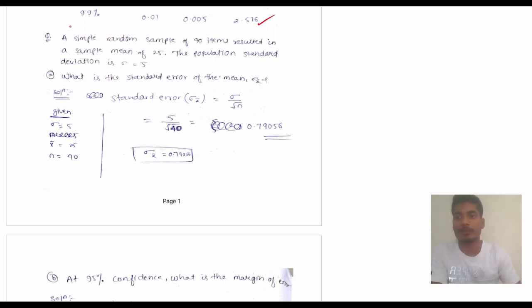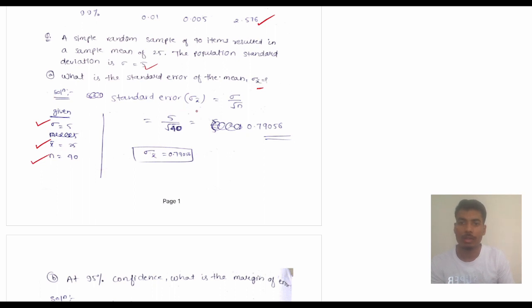Now see the problem. A simple random sample of 40 items results in a sample mean of 25. The population standard deviation sigma is 5. What is the standard error of the mean, sigma x? They give standard deviation 5, mean 25, and n is 40.